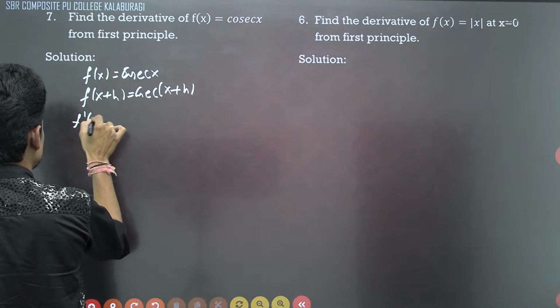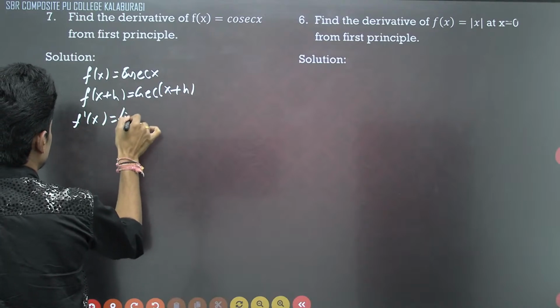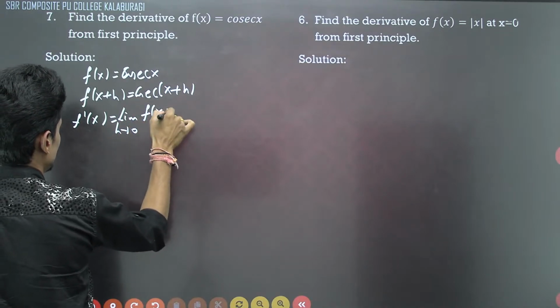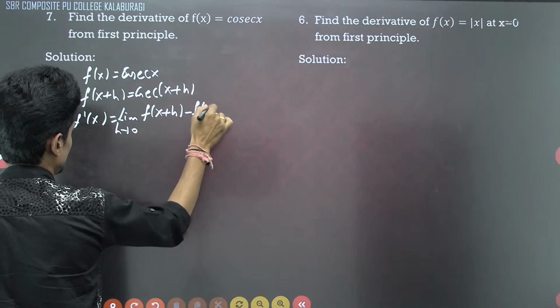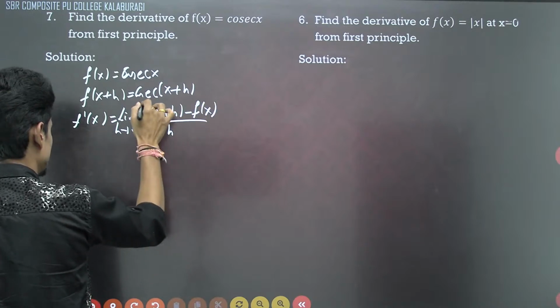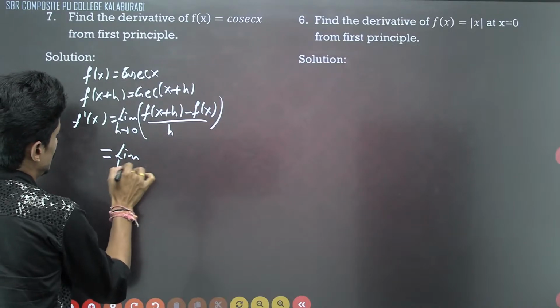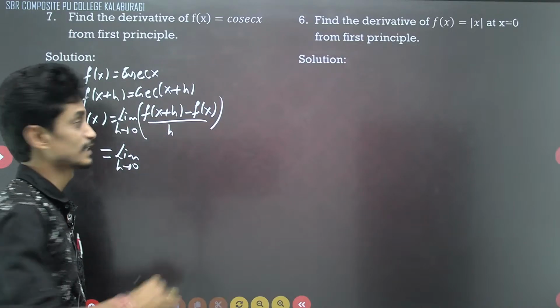f dash of x is equal to limit as h tending to 0, f of x plus h minus f of x divided by h. Same formula, that is limit as h tending to 0. What is f of x plus h?